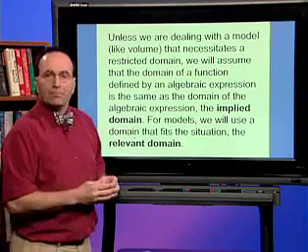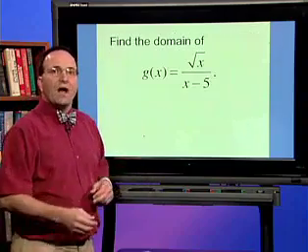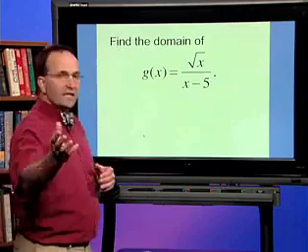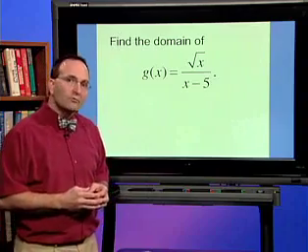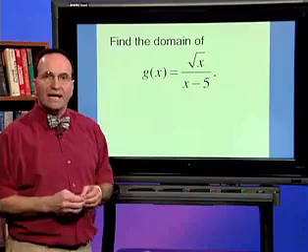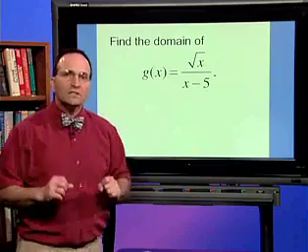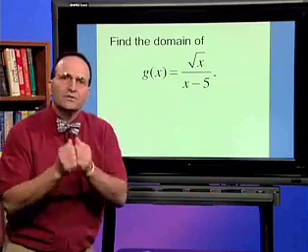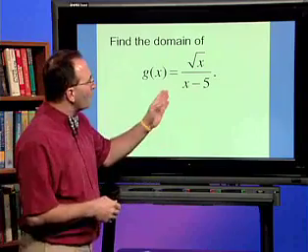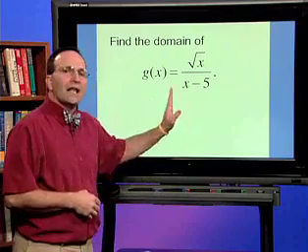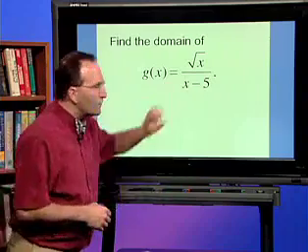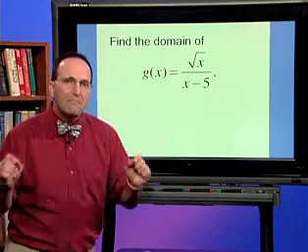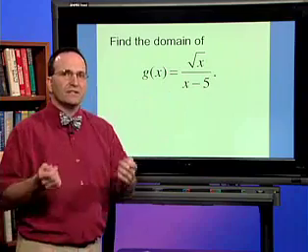Let's look at an example. We're going to find the domain of the function g of x is equal to the square root of x divided by x minus 5. Now, what we're interested in is, are there any values of x that we are not allowed to plug into this function because mathematically speaking, it makes it undefined?